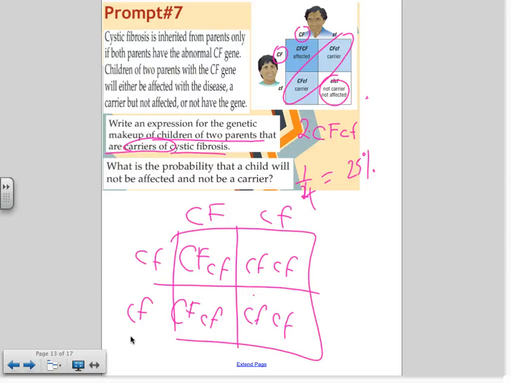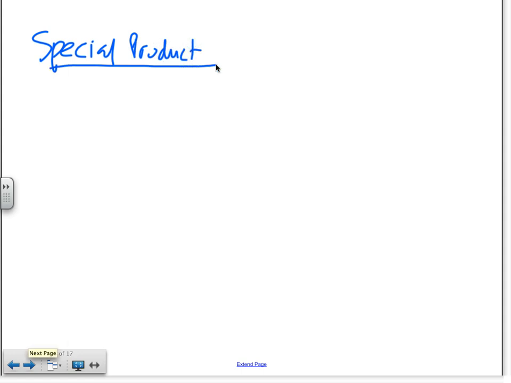All right. So now today I want to introduce to you a special kind of product, guys. And here's special product number 1, which will help you multiply binomials faster. There's a pattern I hope you will recognize later on.